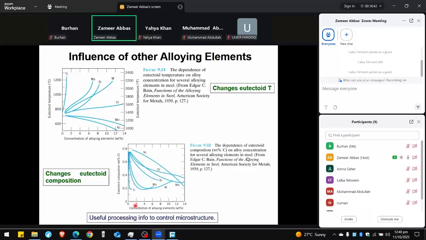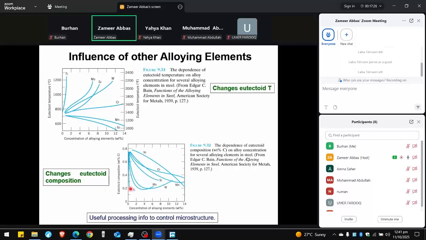So this eutectoid composition, this is the alloying element, right? So अगर आप देखें तो ये क्या कर रहे हैं? Eutectoid concentration को in terms of weight percent carbon, ठीक है? Small amounts. So that means eutectoid reaction can happen at point, carbon content कितना है?